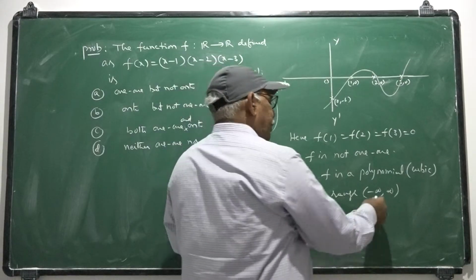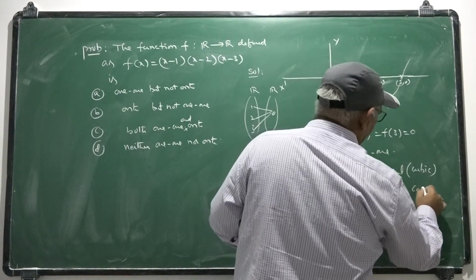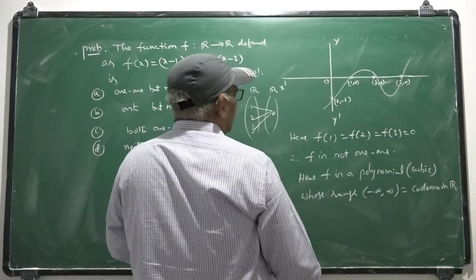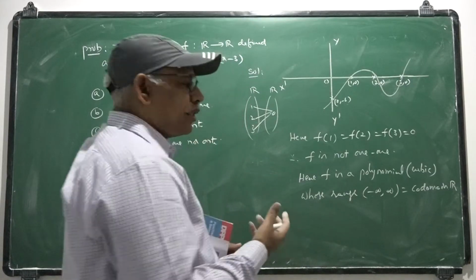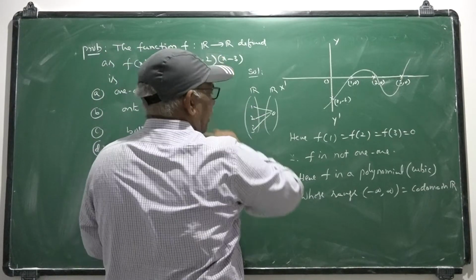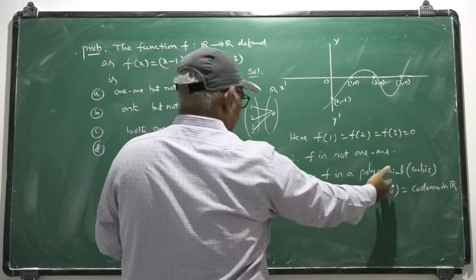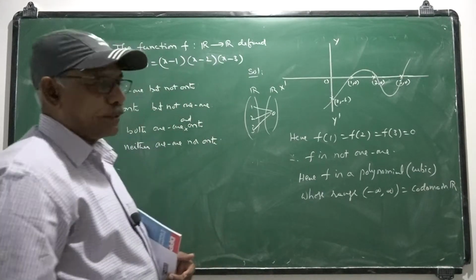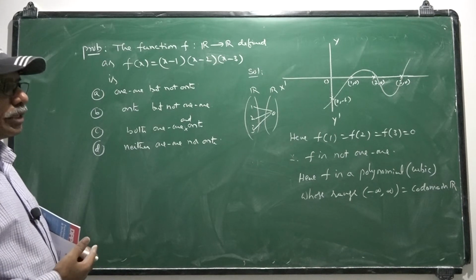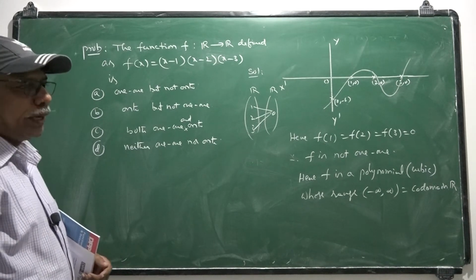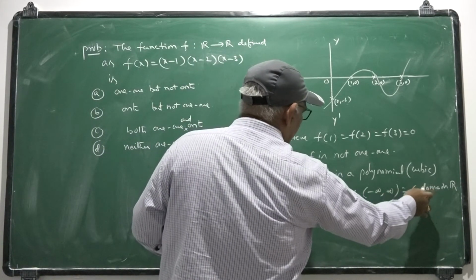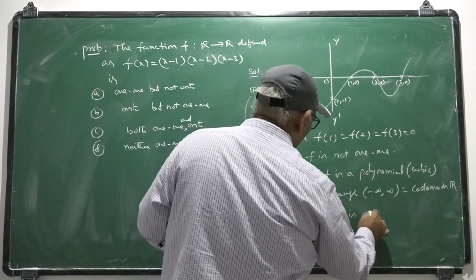The range is minus infinity to plus infinity, which is the codomain R. Since it is a polynomial and the domain is the set of real numbers, x takes all values, so correspondingly f of x takes all the real values. Hence, the range is R itself, that means the codomain of the function f. Since the range is equal to the codomain, f is onto.